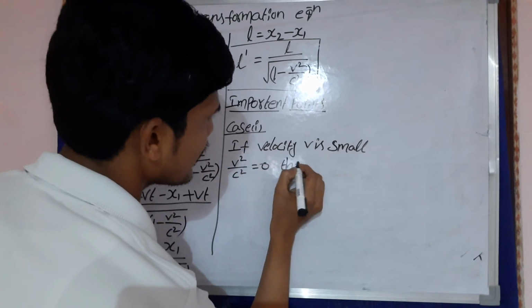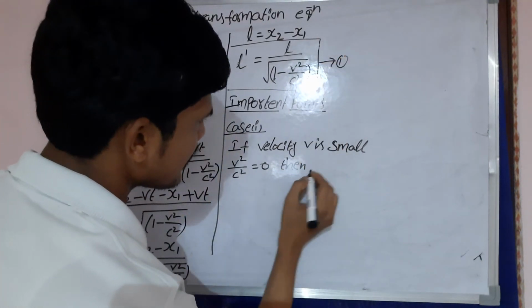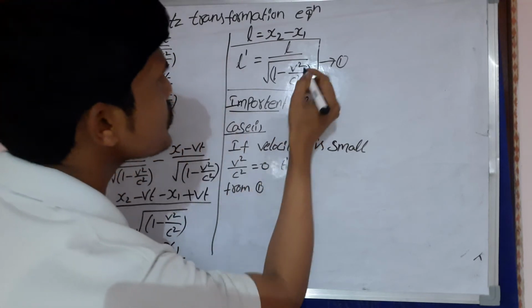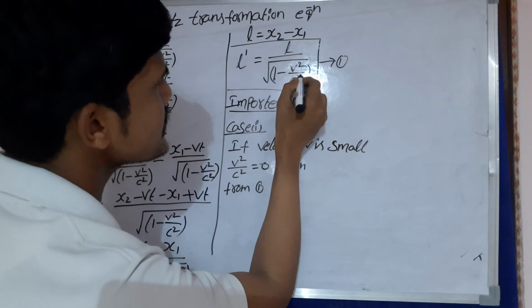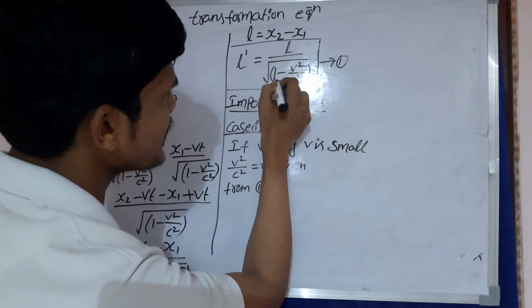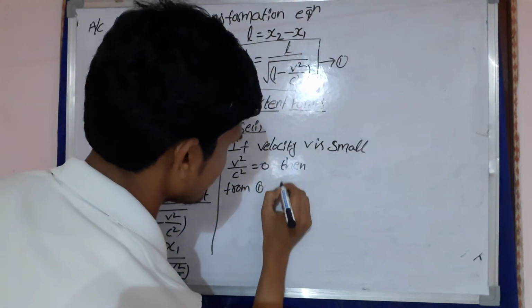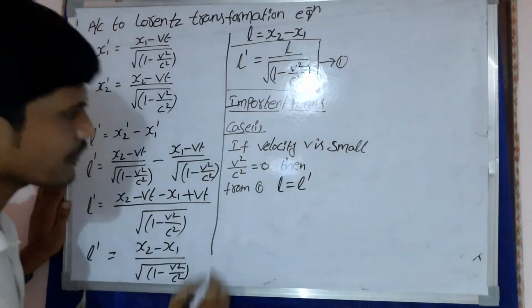Then 1 minus 0 is 1, root 1 is 1, so L dash equals L. That means L equals Ls.